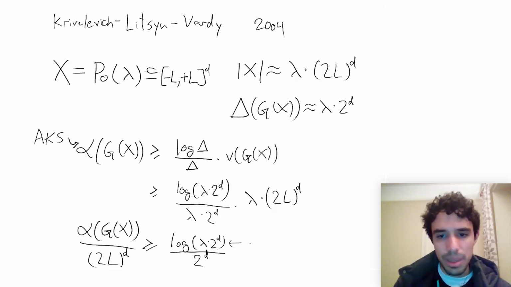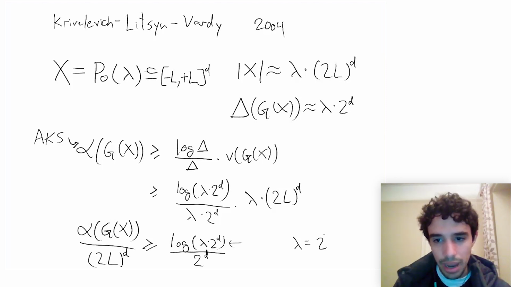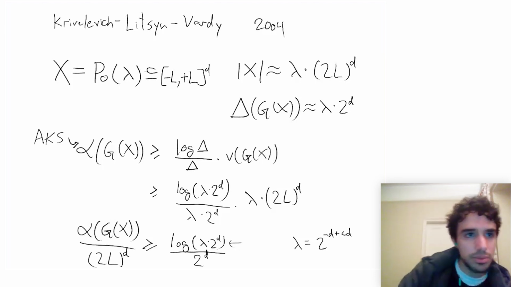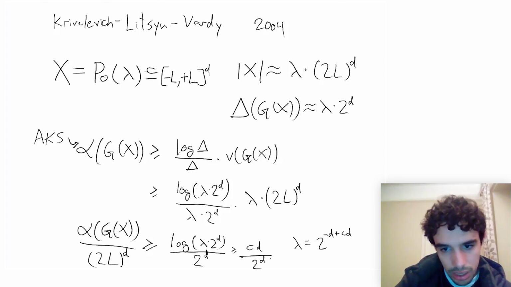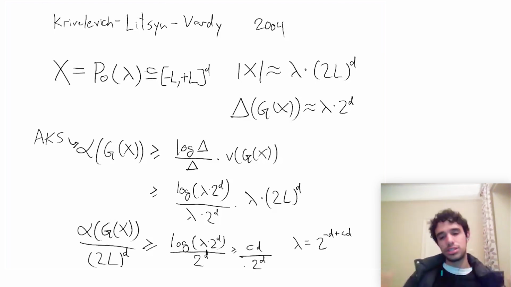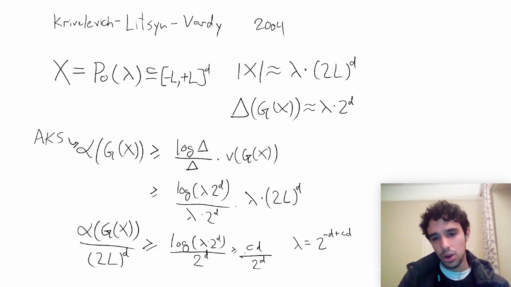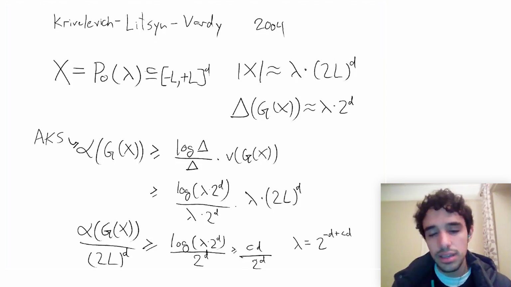And so the best lambda, I'll tell you now, is going to be like 2 to the minus d plus some constant times d for the graph to be triangle free. And then what we're going to get is basically log of 2 to the constant times d, so this will be some constant times d over 2 to the d. So it gives basically the same thing as the Rogers type bound, constant times d over 2 to the d.